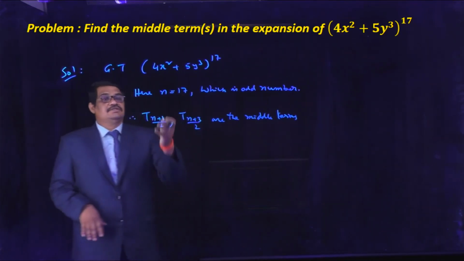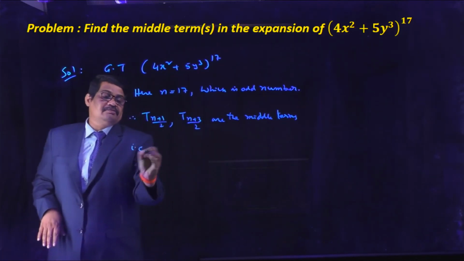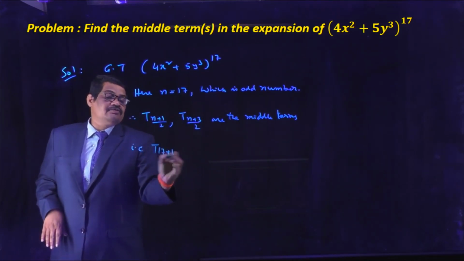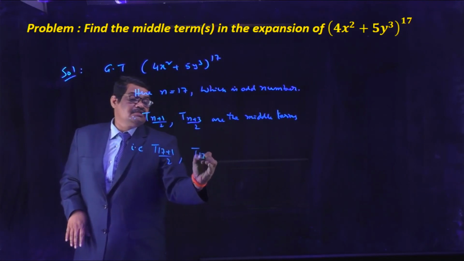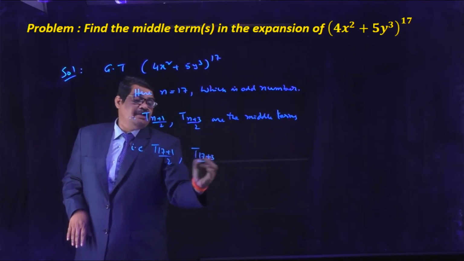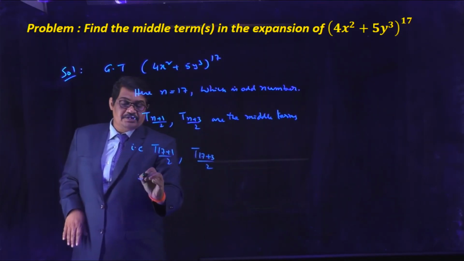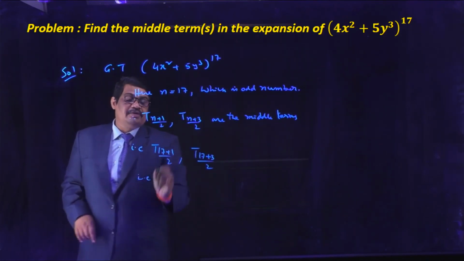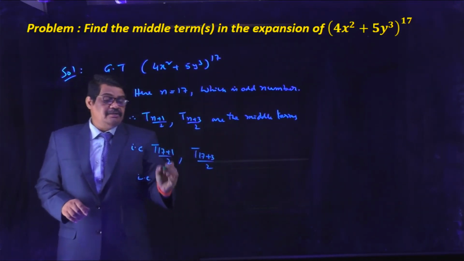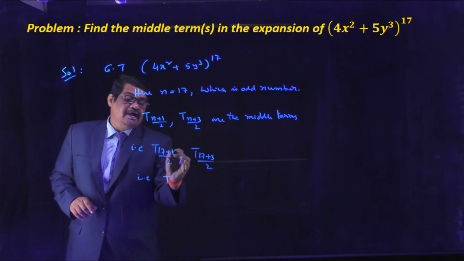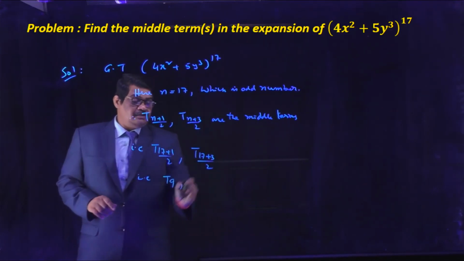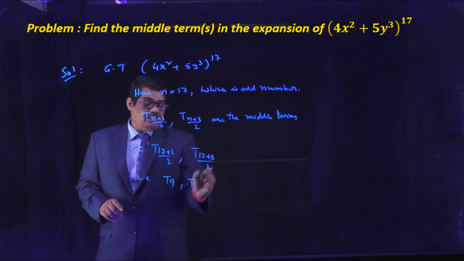Here n is 17, so the middle terms are T((17+1)/2) and T((17+3)/2). That is T(18/2), which is T9, and T(20/2), which is T10.